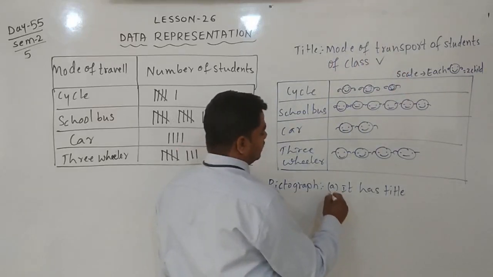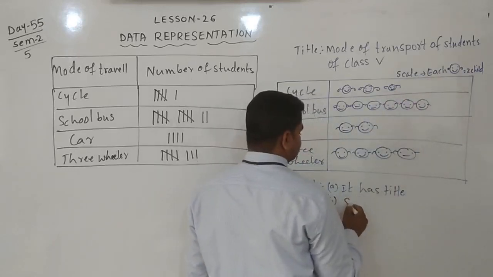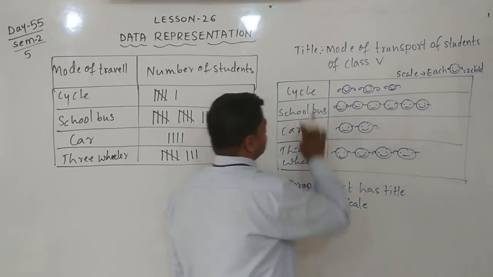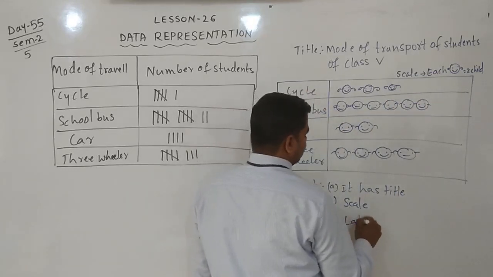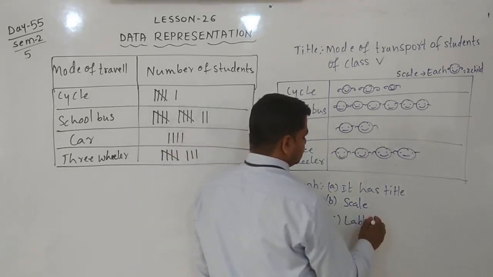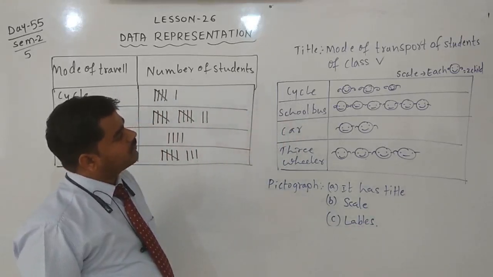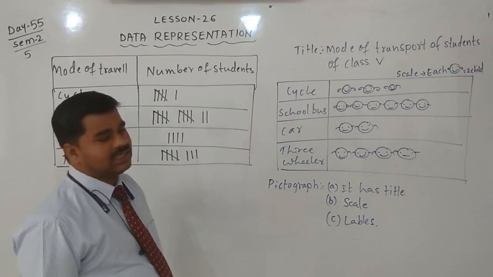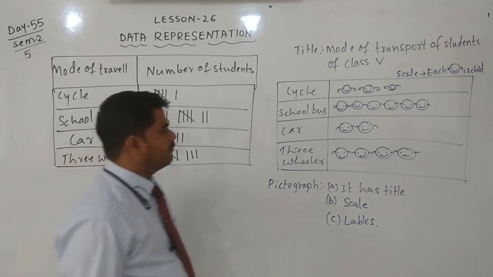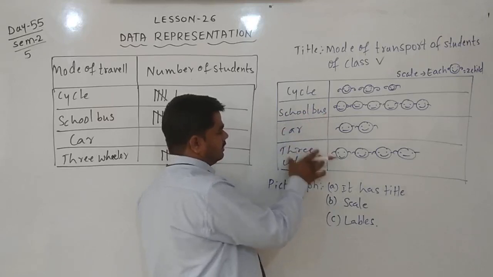Next, the second one, scale. Here is the scale. And third, the labels. Everything should be there: labels, scale, and title. Here the title is mode of transport of students of class 5. Scale: each face equals 2 children. Labels are cycle, school bus, car, three-wheeler.